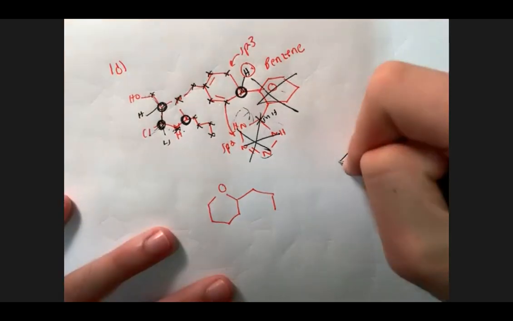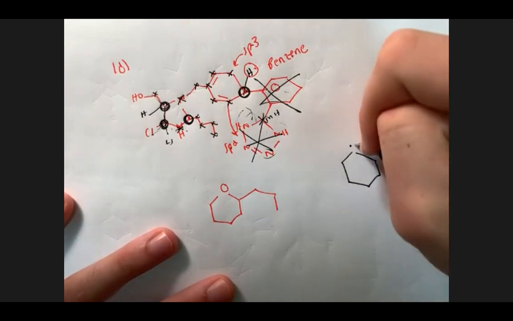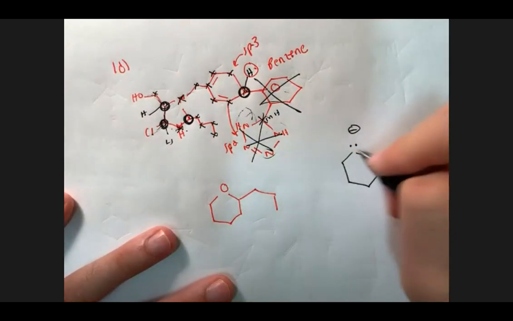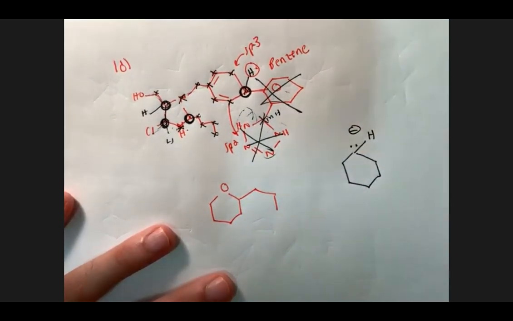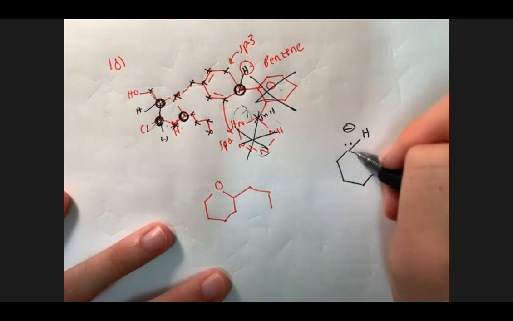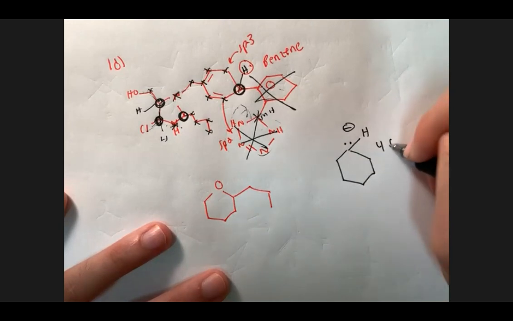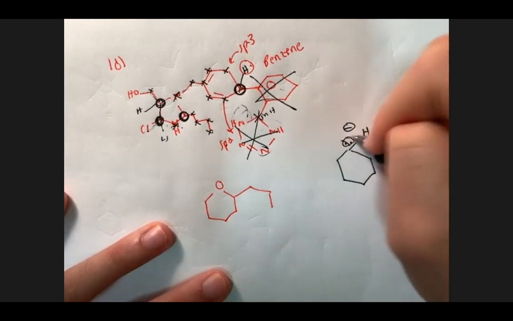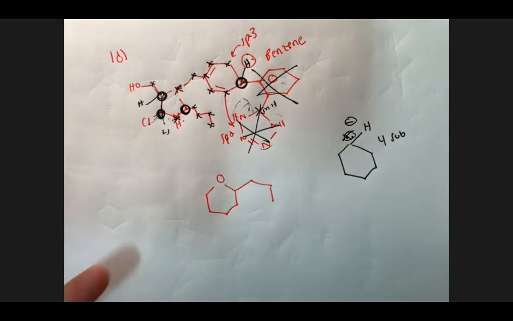So basically, you could have something like this. This is an sp3 carbon because we know that there's another proton there. That's an sp3 carbon with this lone pair, but it's not chiral because you need 4 substituents, and a lone pair is not a substituent, from what I know. Okay, that's a good question though.